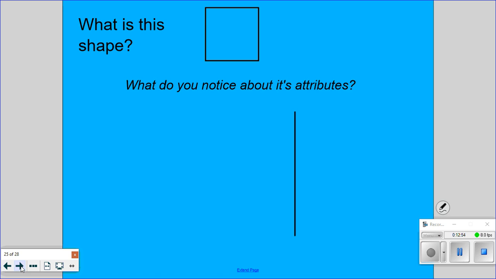The rules of our shape, the characteristics. What are some attributes of this shape? What do we notice? Bella, what do you notice? Four square corners. Very good.